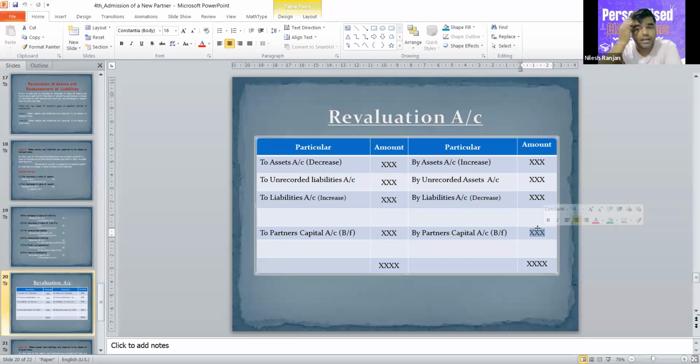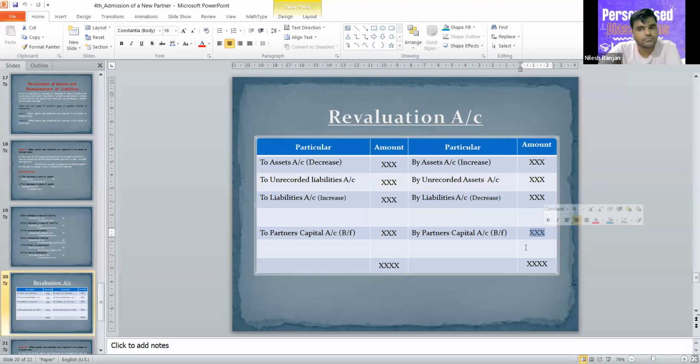Okay. One more thing. You can also find out whether it is profit or loss by transferring it to the capital account. Now tell me, this balance on the credit side will be transferred to the capital account on which side, debit or credit? If the balance is on the credit side in the revaluation account, then on which side will it be transferred to the capital account?